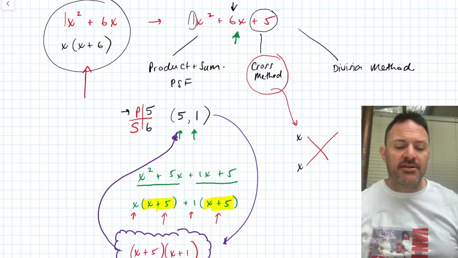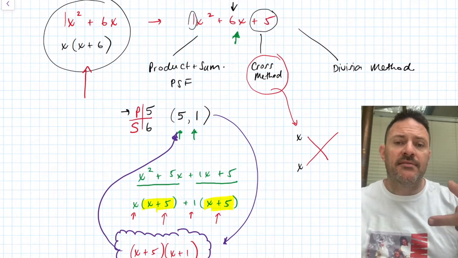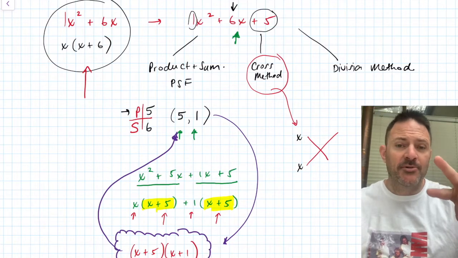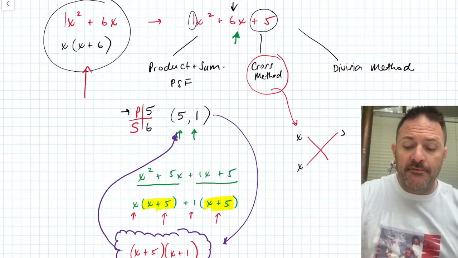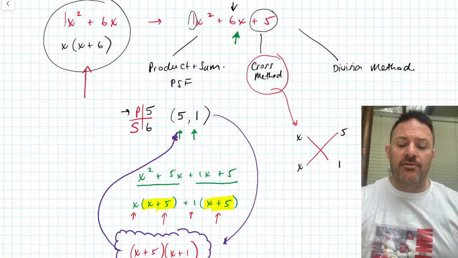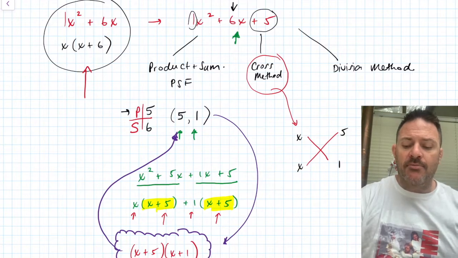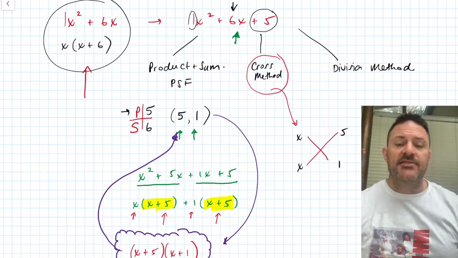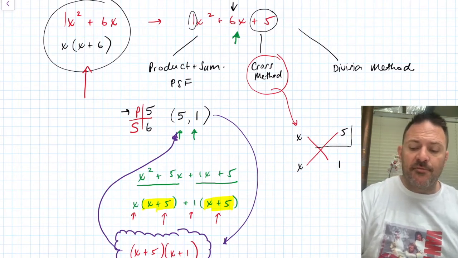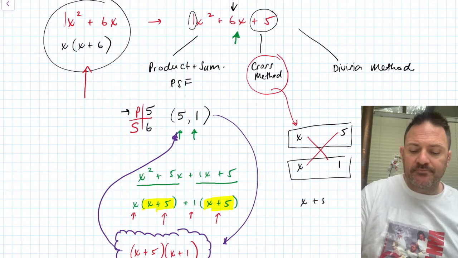Okay, and then similarly to the product and sum method, we're simply looking for two numbers that multiply together to give 5, and add together to give 6x, and that would obviously be 5 and 1. And when we multiply through the diagonal, x times 5, we get 5x, and then x times 1, we get 1x. We hopefully want to add those together to make 6x, which we do. So therefore, we look at it as x plus 5 and x plus 1.